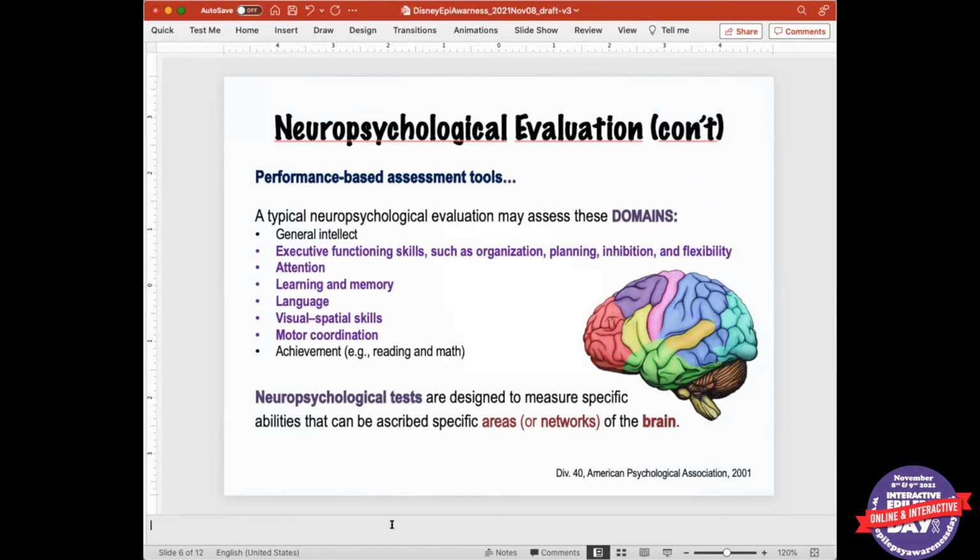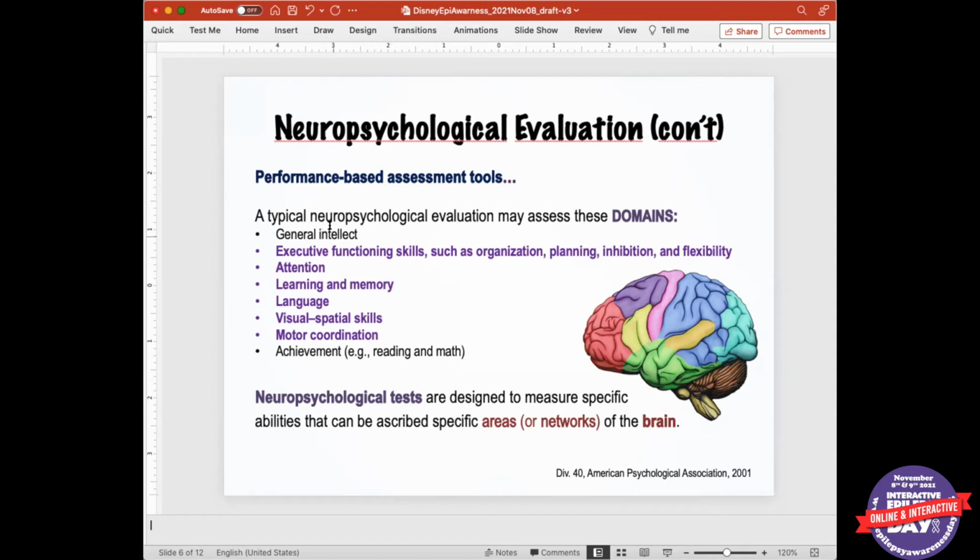And these types of things fall in a number of different domains. So things like general intellect or general cognitive ability, to help us get a sense of where is this person generally speaking, and then that helps us compare other functions such as attention, language, some of these other things, helps us determine whether those functions are better or not quite as good as we would like, based on where the general level of ability is.